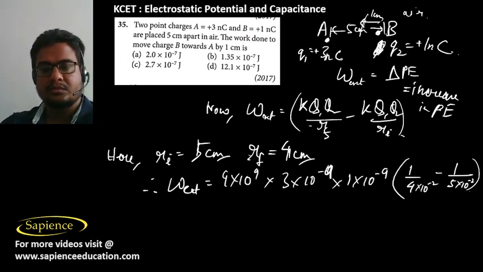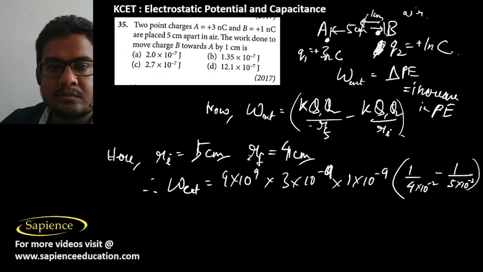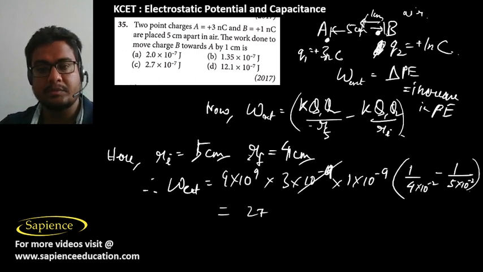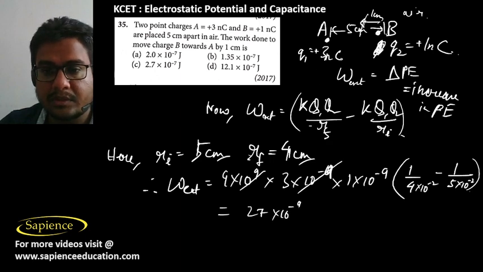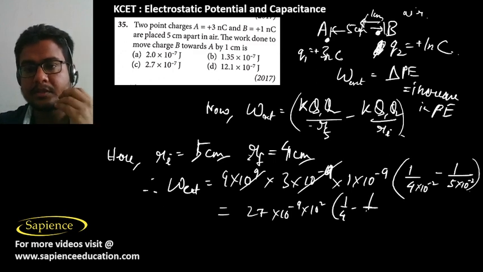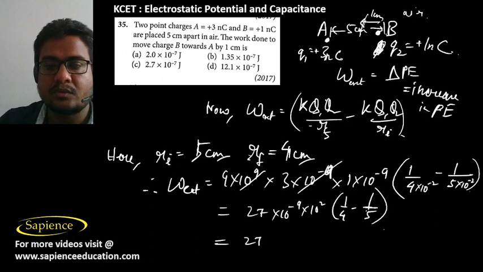This will be equal to 3 9s are 27. 10 power minus 9 and 10 power 9 will cancel. Into 10 power minus 9 into 10 power 2 into (1 by 4 minus 1 by 5). This will be equal to 27 into 10 power minus 7.